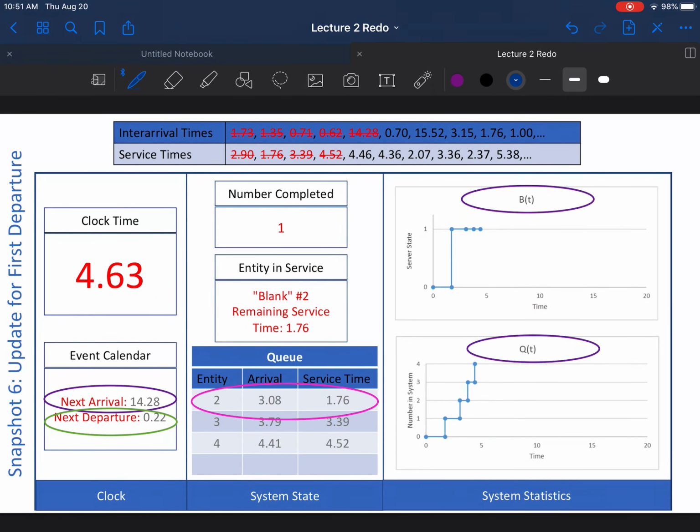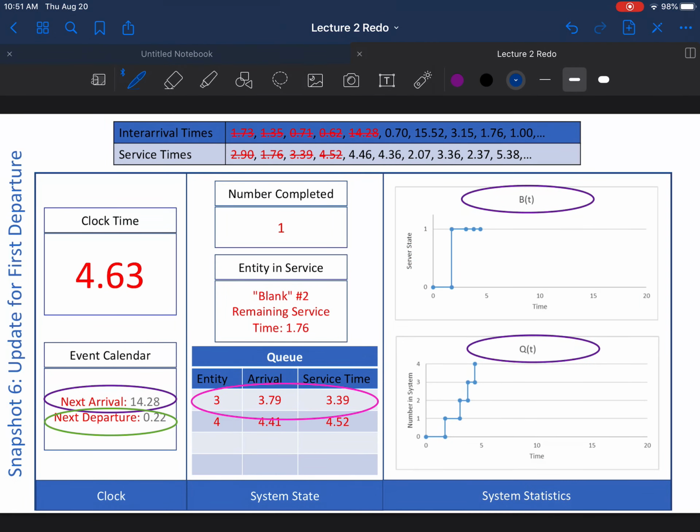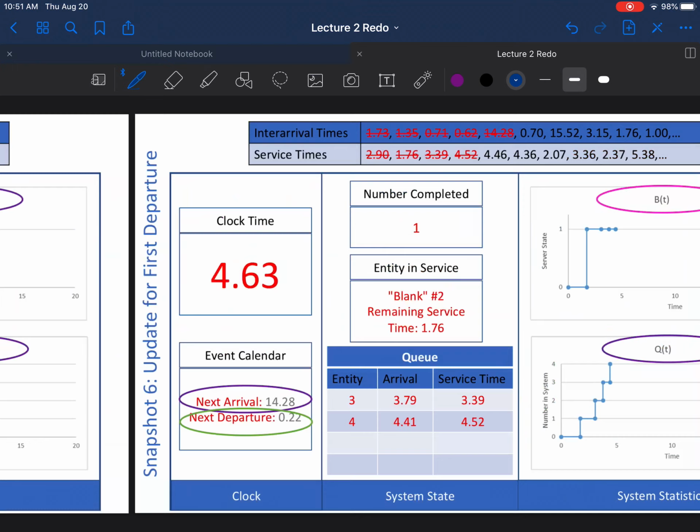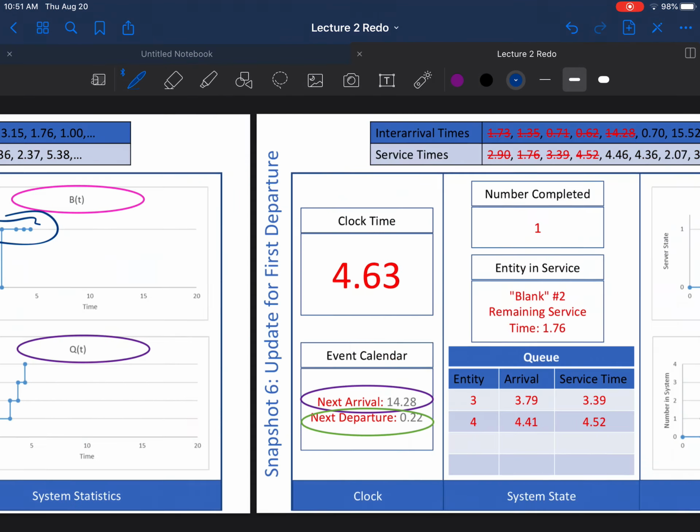So now we're finally working on blank number 2. Entity number 2 is no longer in queue. It's no longer waiting to be served, so we have to remove that from the queue, and we push up all these other entities. So now we have entities 3 and 4 in queue. Blank number 2 is in service. We're still busy, so we move this line over a bit more horizontally to get it to 4.63.